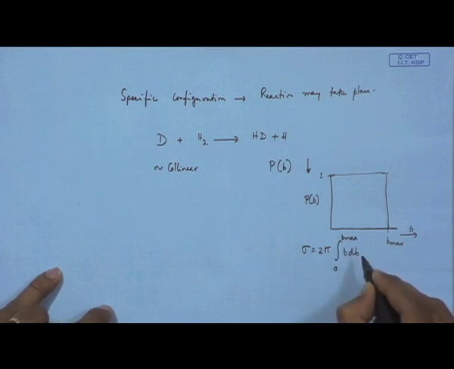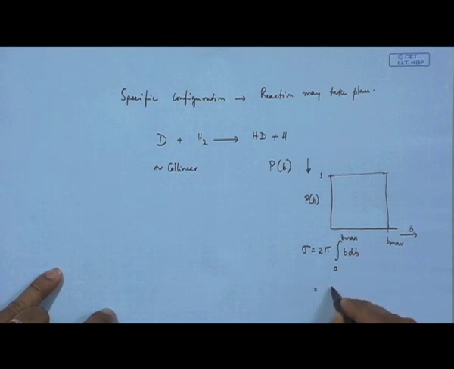That gives B max square by 2, so twice pi into B max square by 2 is pi B max square.